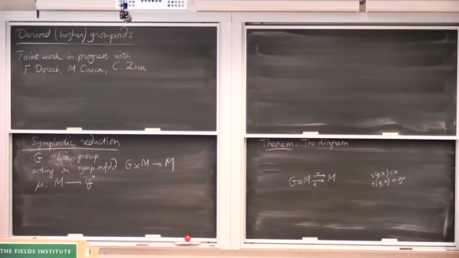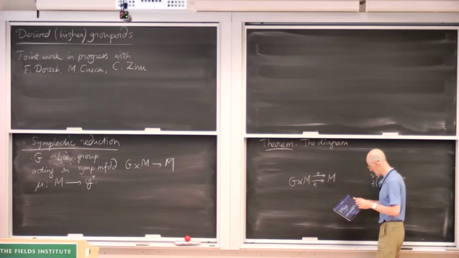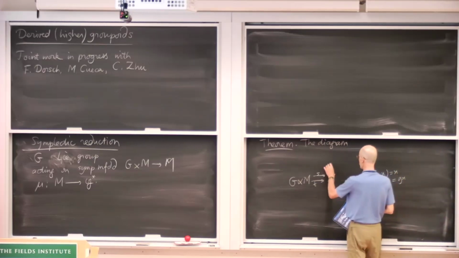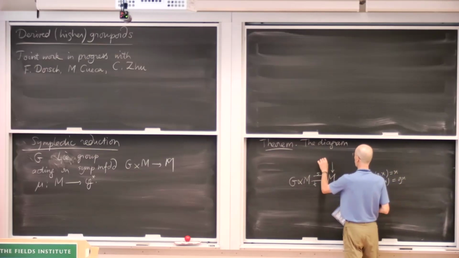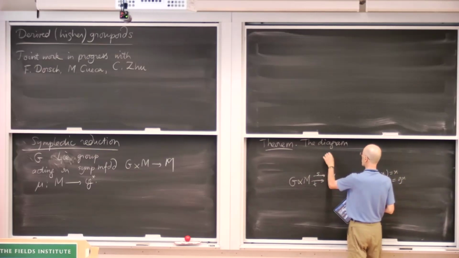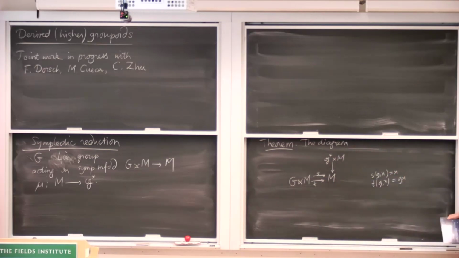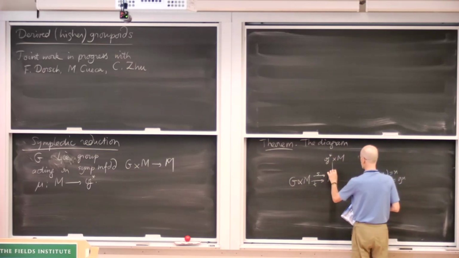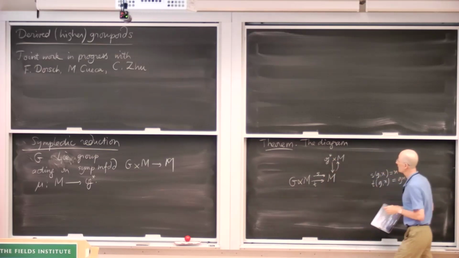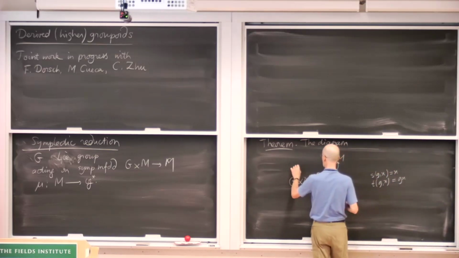It describes the action, but over that groupoid lives a vector bundle, the trivial vector bundle with fiber g star. I'll write the fiber first. And the moment map, of course, gives you a section of that. And you have that bundle just as well here.